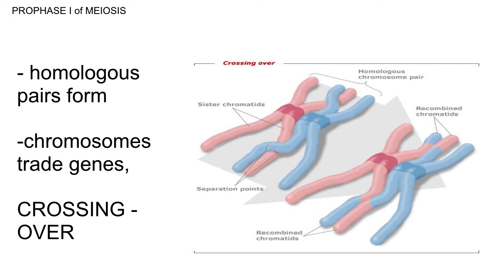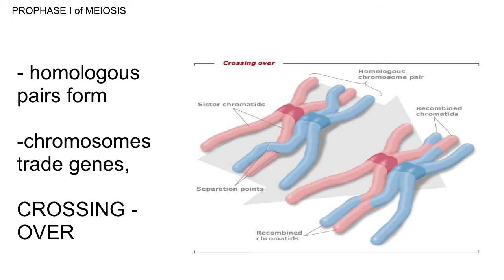So you can see in the diagram some of the blue will cross over with the pink chromosome. And again, remember, chromosomes are packaged DNA, so whenever those genes are swapped, it's going to be a mixing and a so-called shuffling of the genetic deck.